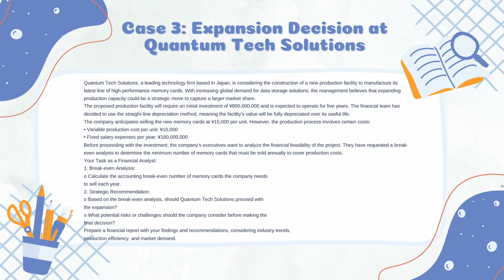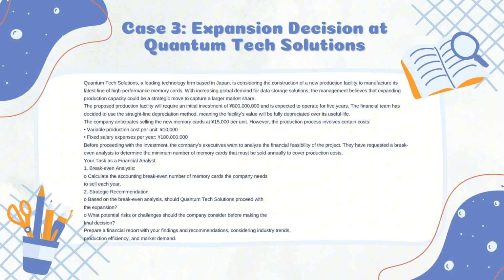They have requested a break-even analysis to determine the minimum number of memory cards that must be sold annually to cover production costs. Your task, as a financial analyst, is number 1, find the break-even analysis, calculate the accounting break-even number of memory cards the company needs to sell each year.